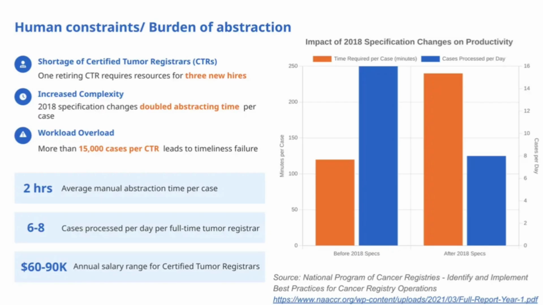Each abstraction takes about 2 hours, which means that most registrars can only process 6 to 8 cases a day. And burnout is really real, because we need to maintain the accuracy, meet the timelines, abide by all the rules dictated by the regulatory bodies, and manage the increasing case complexity. So we are basically again asking humans to do the job that software could be helping with.